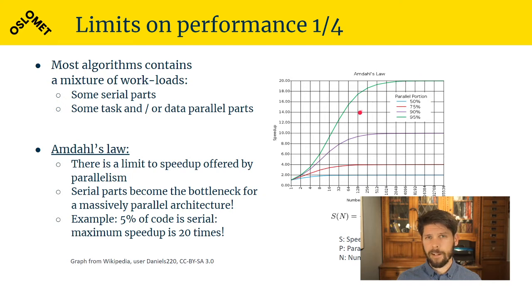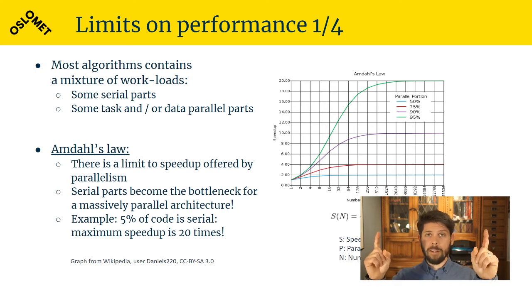That sounds kind of bad, right? Because 95% parallel, that's essentially all parallel code, but it's only going to get 20 times faster, even though you're using 1,000 cores or 1 million cores. Now, the reason for this is that you cannot do anything about the 5%.